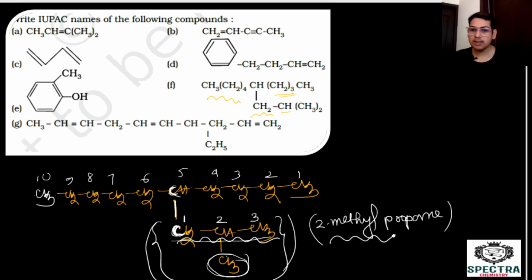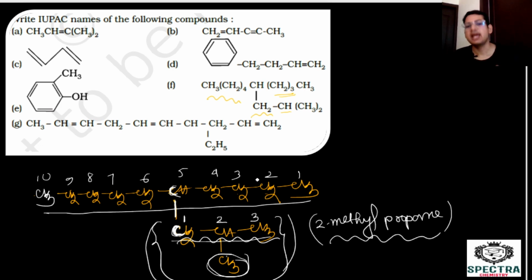But this total part, 2-methyl propane, is acting as a substituent for the main large chain, and it is a substituent at carbon number 5. So what will be the name, sir?